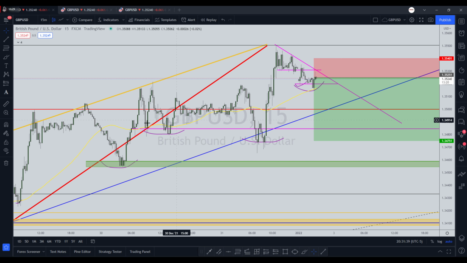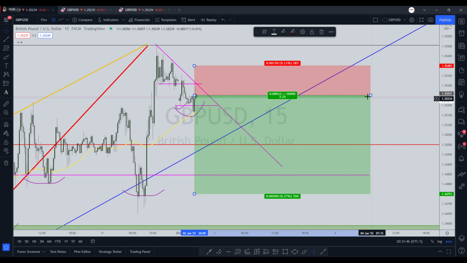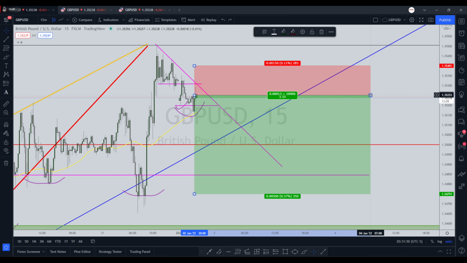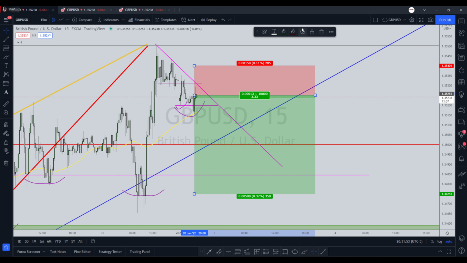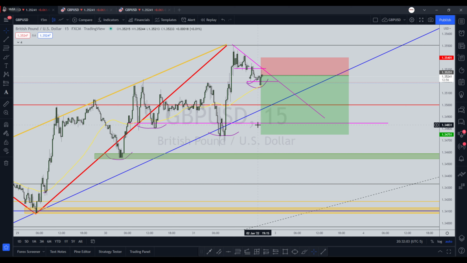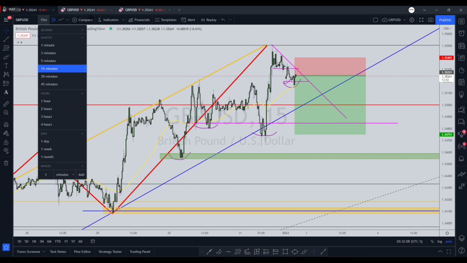Same area, level of support right there. That should be it, but that's mostly how I do my breakdown and how I try to find my entry for GU. So we're just gonna have to wait and see how that thing plays out.